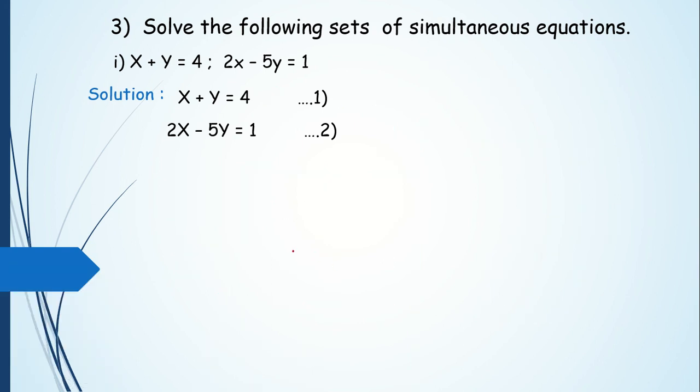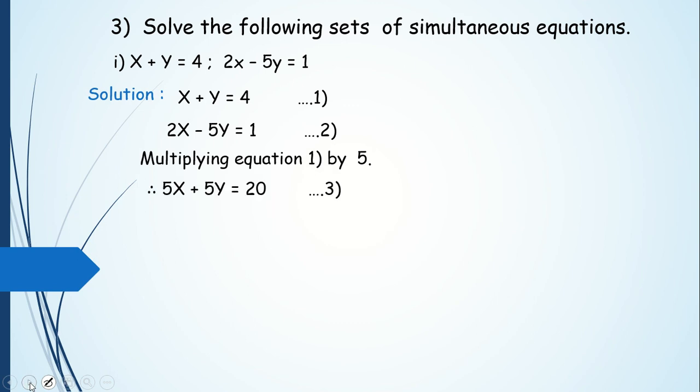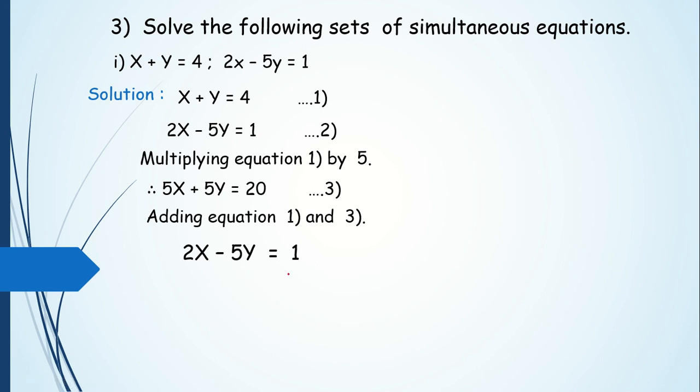Hope the method was understood. If not, we will do it once more. Multiplying equation 1 by 5. You know why we have done that. So we get 5x plus 5y is equal to 20 after multiplying throughout by 5. Now adding equation 1 and 3, we get 2x minus 5y is equal to 1 is this.